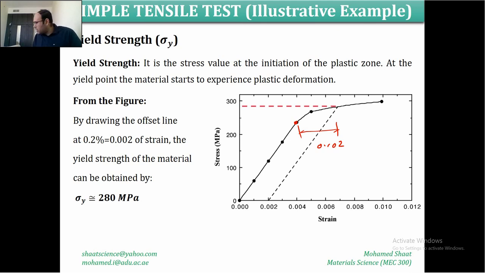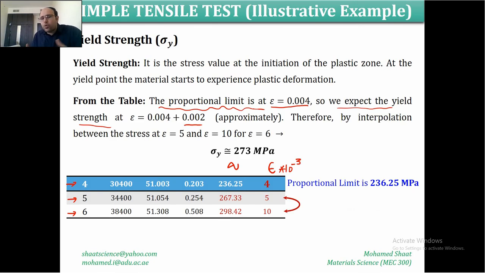Now we don't have the figure and we have to extract this data from the table, so this is a very good approximation. There is no need to do a very accurate calculation of how much this distance should be. It is fine if you just add 0.002 to the strain that corresponds to the proportional limit.